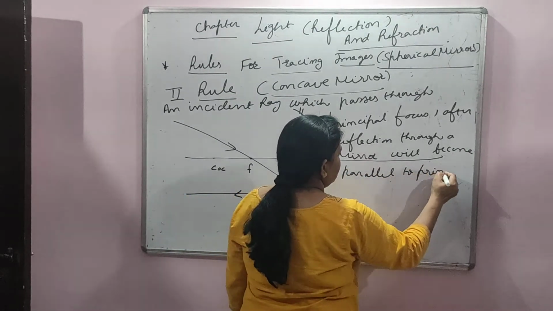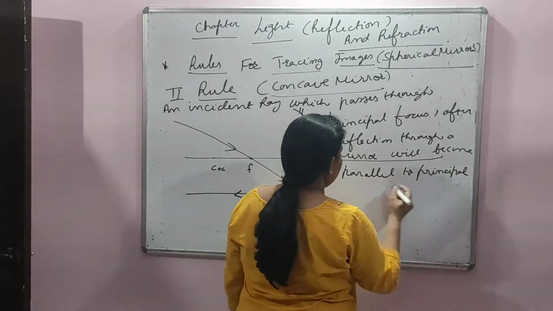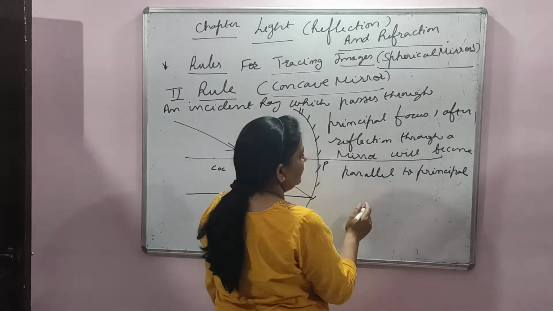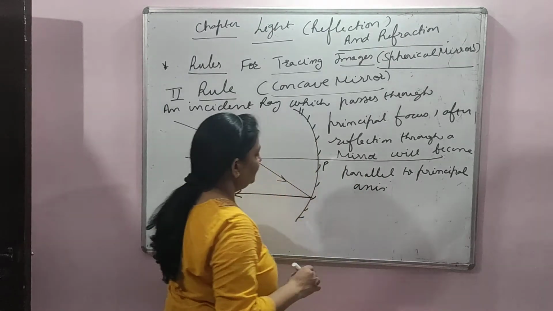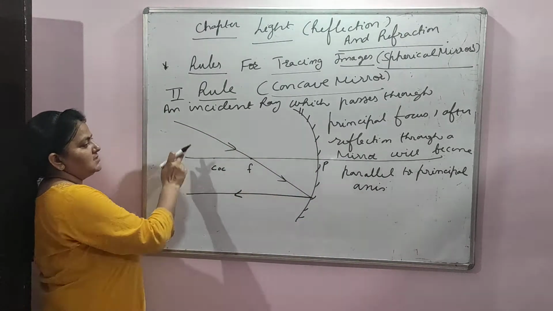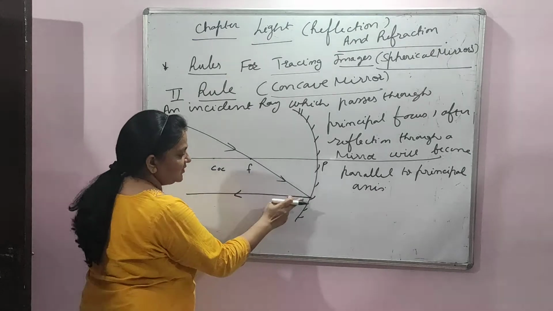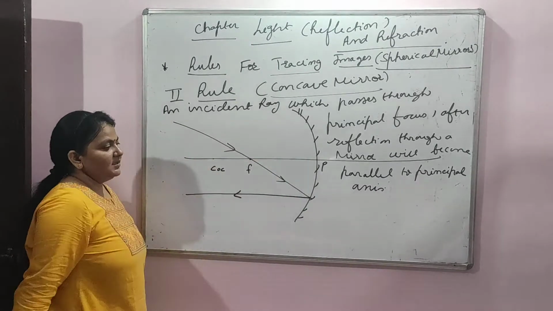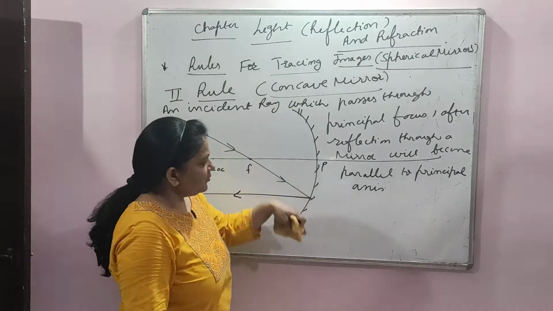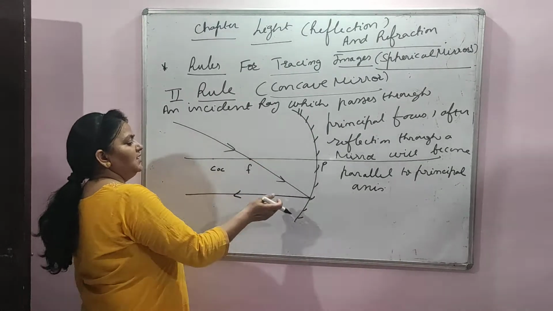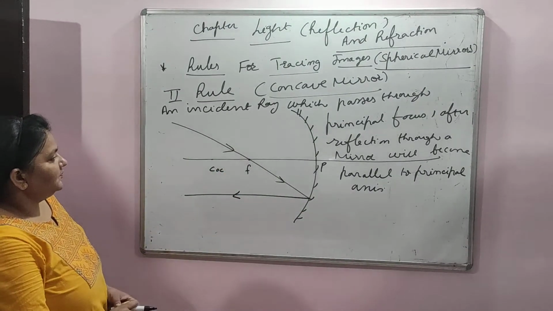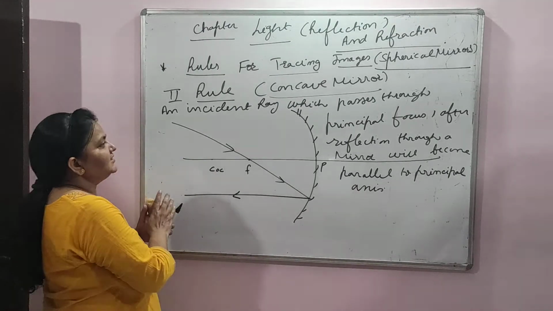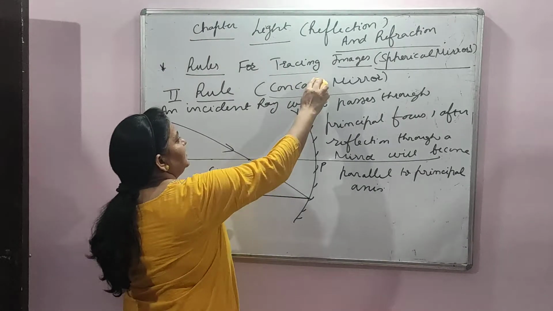This rule is exactly opposite to the rule which we have done first. Fine. Am I clear now? An incident ray which is passing through the principal focus, after reflection from a concave mirror or any mirror, will be parallel to the principal axis. Okay, the second rule, the same will go for the convex mirror.